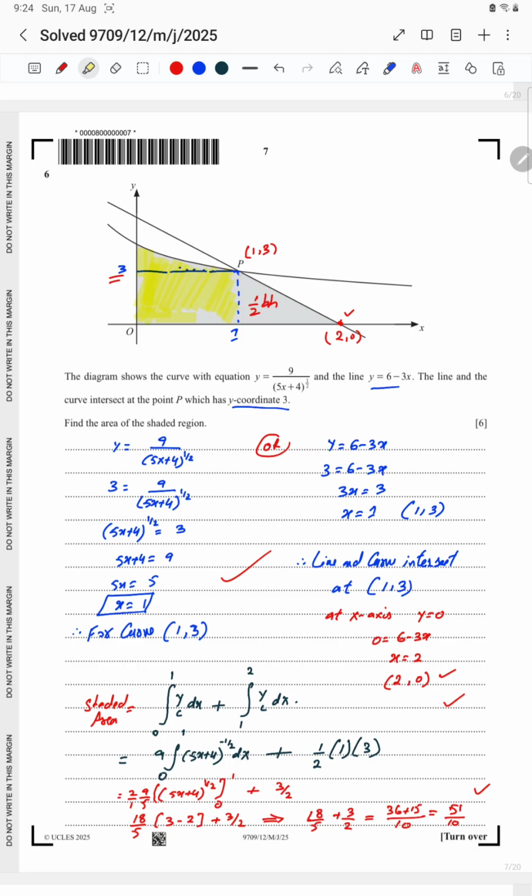So I will take 0 to 1 for the curve here, and then the line from point P onward makes a right angle triangle. So half base into height I can apply. Finally I get the answer after solving, simply 51 over 10 units square. That will be my answer.